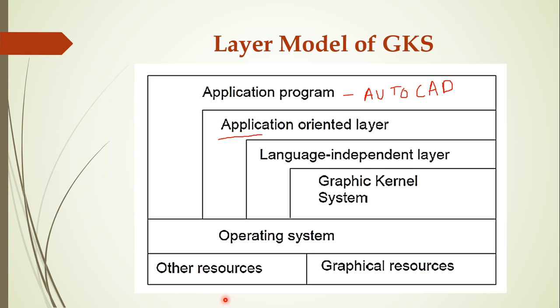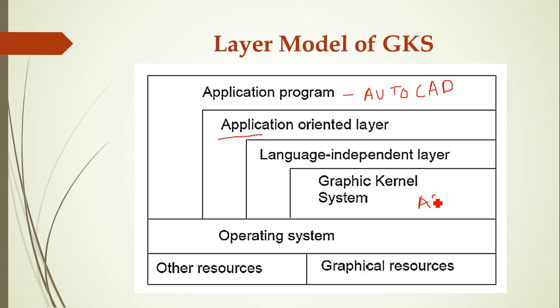This application program you're picking is available in the application oriented layer. GKS will convert whatever input you give into ASCII codes, that is American Standard Code for Information Interchange. Please keep that in mind.